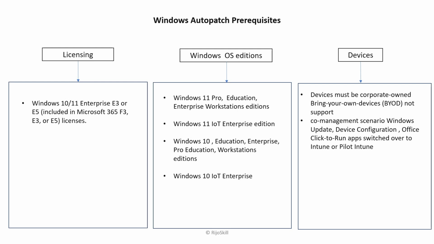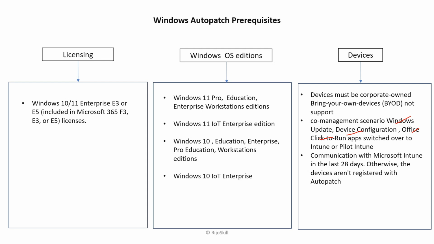In a co-management scenario, Windows Update, device configuration, Office Click-to-Run and apps workloads must be switched over to Intune or Pilot Intune. If you are using co-management, your device should be managed from Microsoft Intune, with Windows Update, device configurations and Office Click-to-Run all switched to Microsoft Intune.